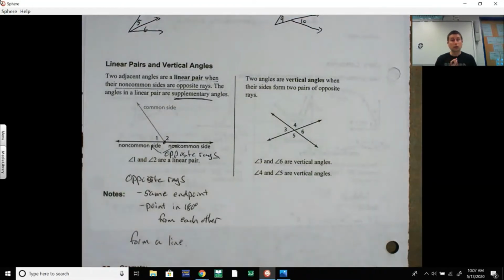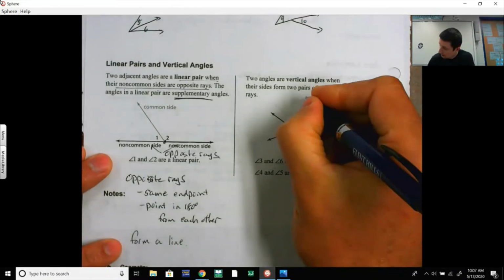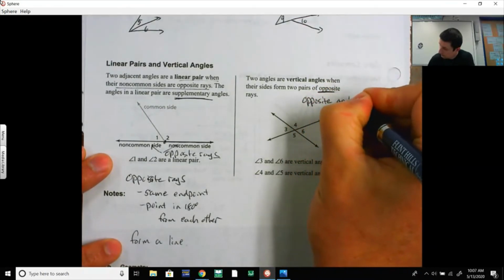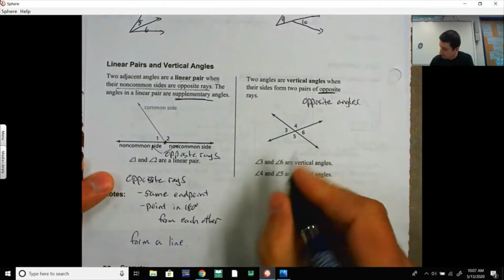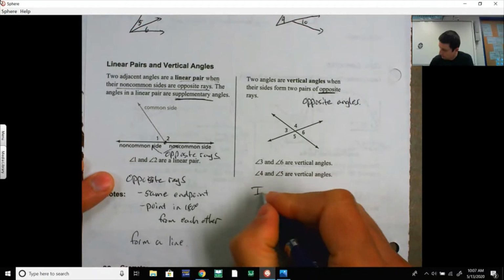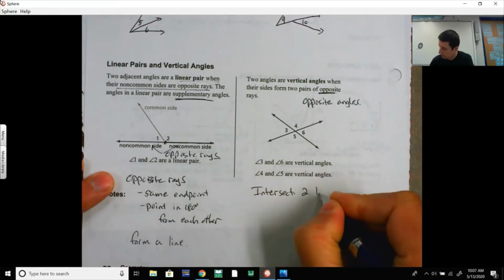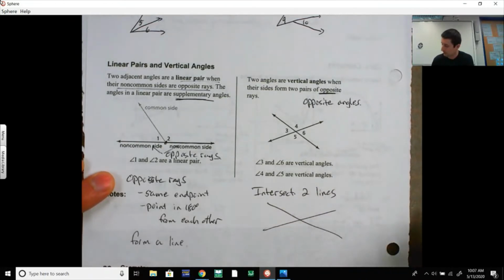Okay, the last one is called vertical angles. I sometimes call them opposite angles. Vertical angles are opposite angles. What you do to make these is intersect two lines. I'm just going to draw two lines and intersect them like that.